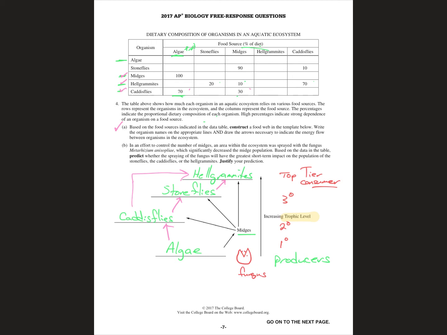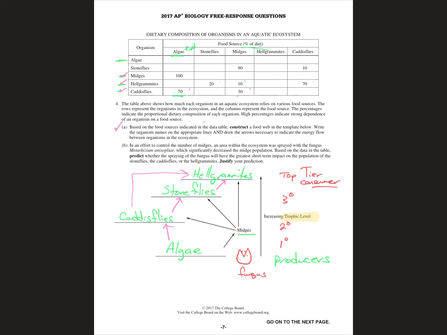It's going to go to town on the midge population, and based on the table, predict whether the spraying of the fungus will have the greatest short-term impact on the population of stoneflies, caddisflies, or helgrammites. Justify your prediction.